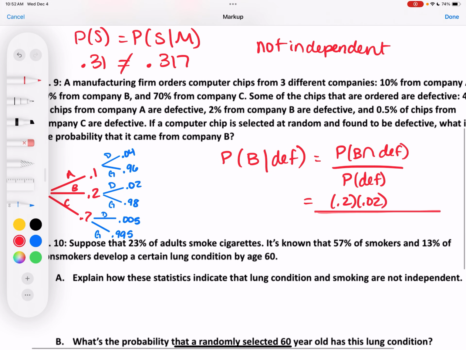Over, now, this is the probability of defective. So you can't just say defective is 0.04, 0.02, and 0.005. We have to know how many of each company's chips are defective. So this is going to be 0.1 times 0.04 plus 0.2 times 0.02 plus 0.7 times 0.005.